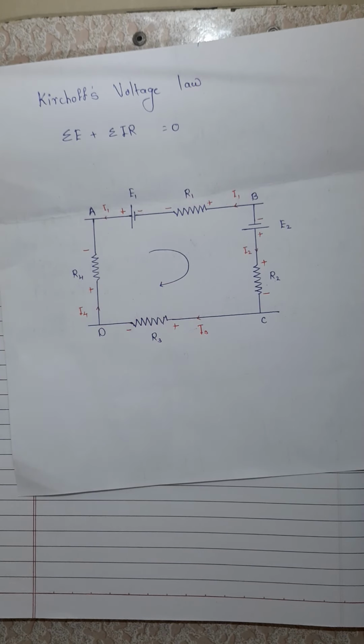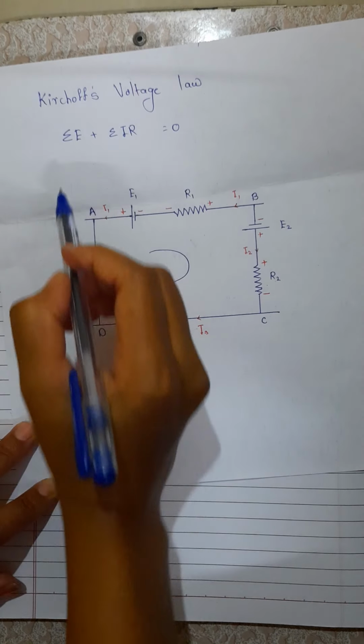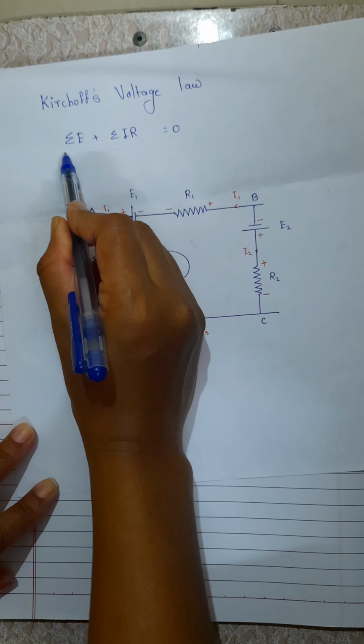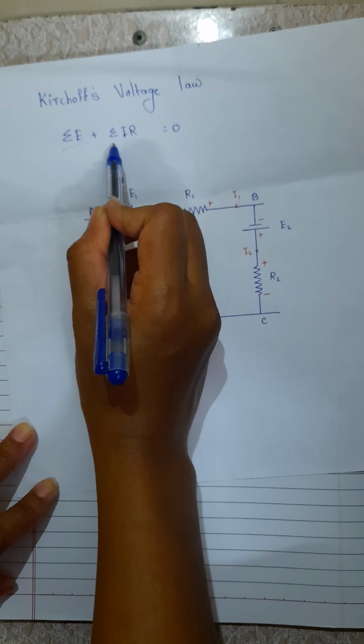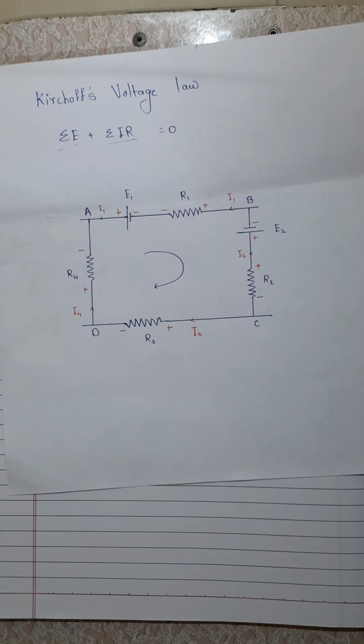The statement is: the algebraic sum of all the applied EMFs and the product of the current and resistance of each part of the circuit is equal to 0. The algebraic sum of the applied EMF and the product of the current and resistance is equal to 0.